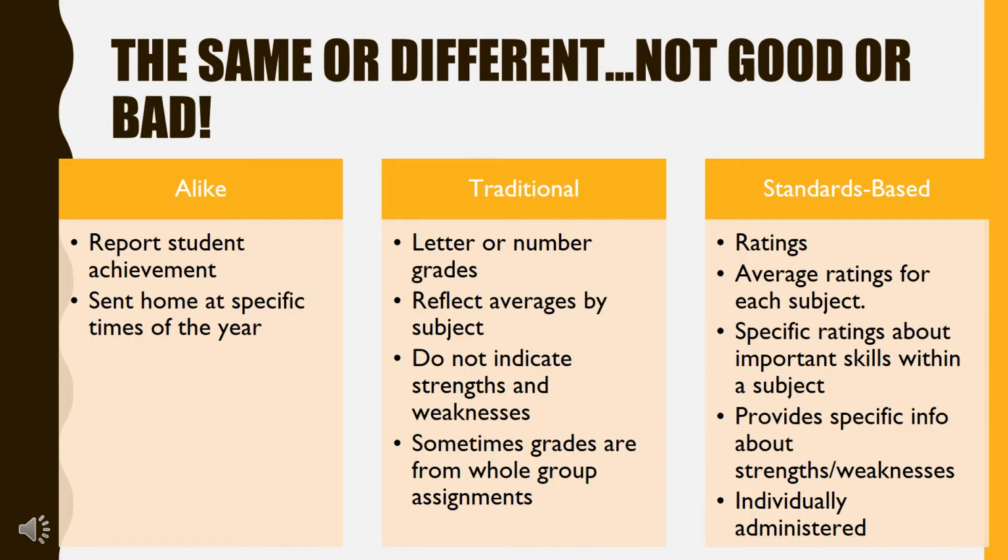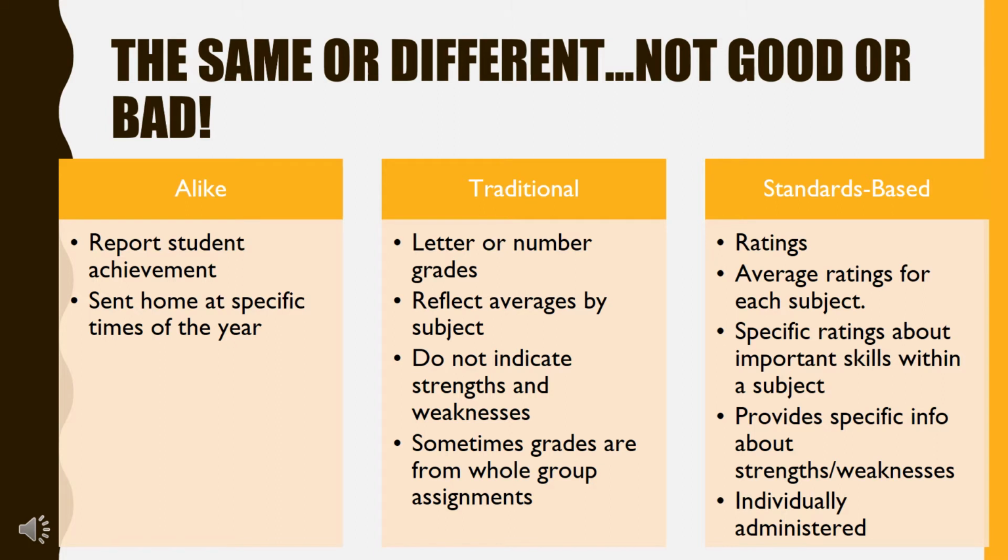Now let's compare real quickly what we know about traditional and standards-based report cards. Keep in mind that neither style of report card is good or bad. They are just different and they communicate different information to parents, families, and guardians. They both report student achievement and are sent home at certain times of the year.